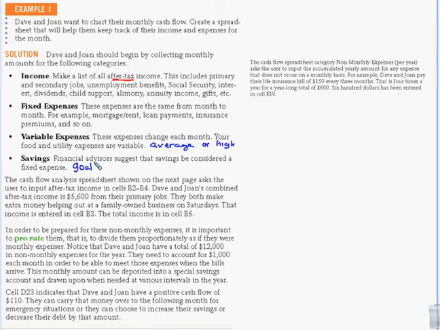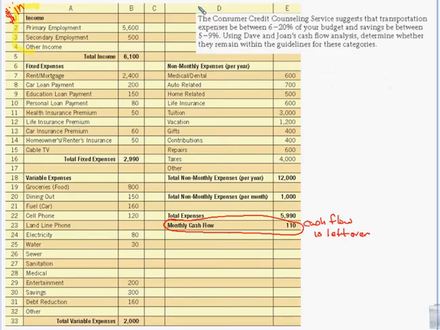Now, if you look at their cash flow, we have our fixed expenses, and there's their mortgage, car loan, student loan, personal loan, health insurance, car insurance, homeowners insurance. They have those fixed expenses. Then they have their variable expenses, and these are either their averages or how, you know, they aimed high.